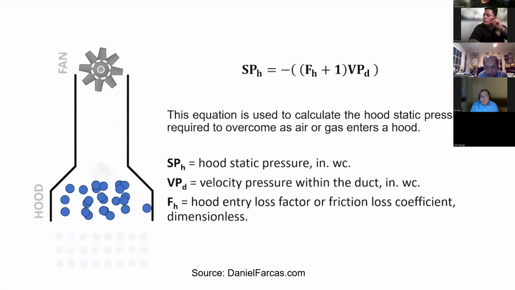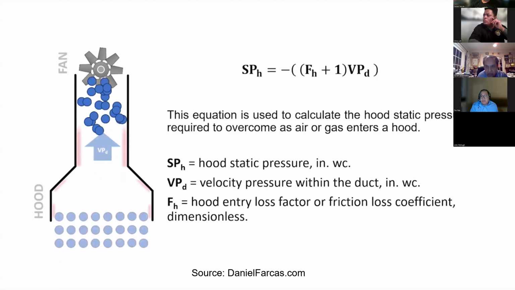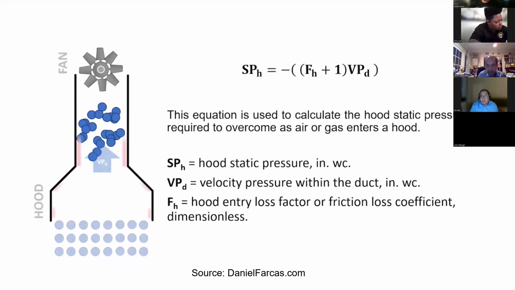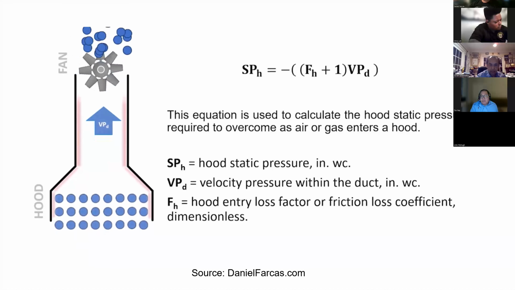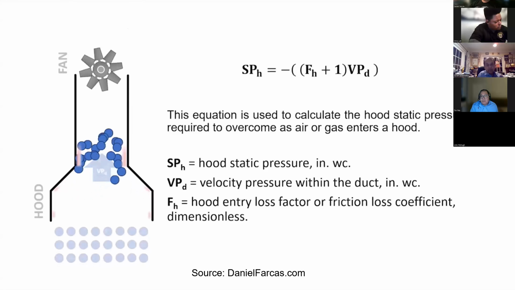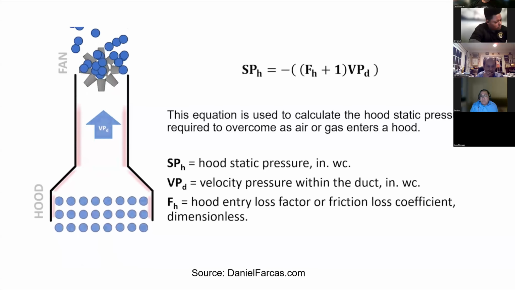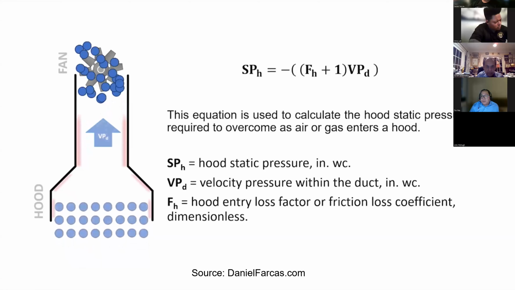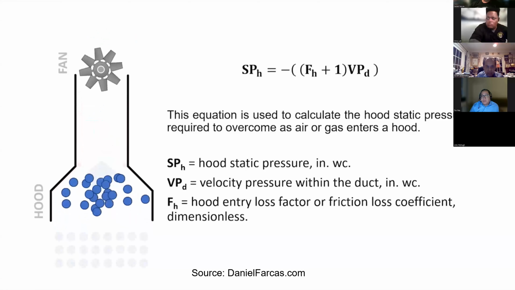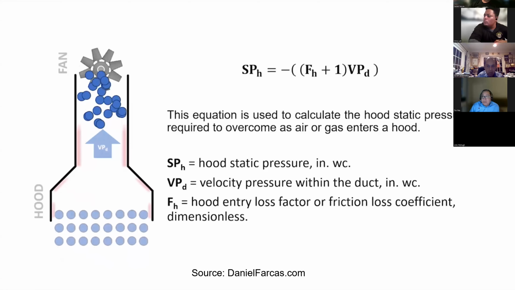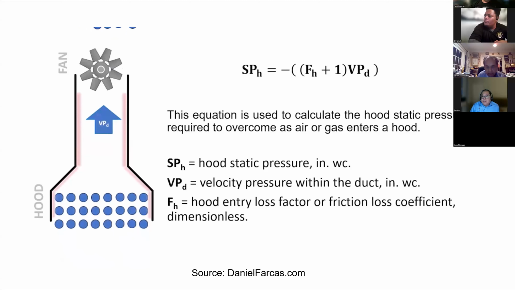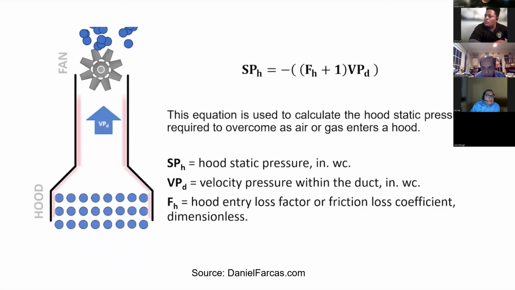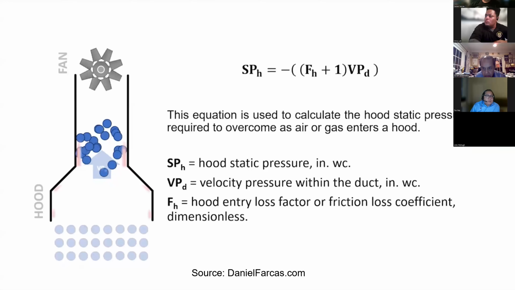The formula is SPH, which is the hood static pressure and is measured in inches of water column, VPD, which is the velocity pressure within the duct and is measured in inches of water column, and FH, which is the hood entry loss factor or friction loss coefficient and is dimensionless, which means lacking any units.